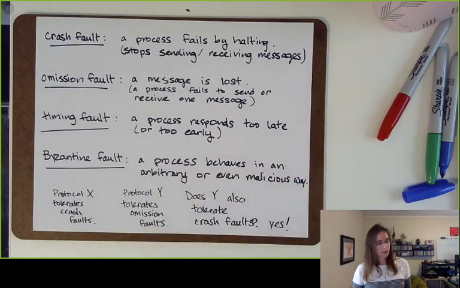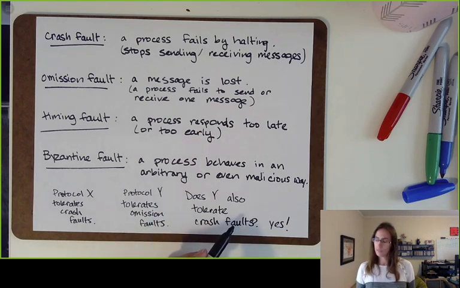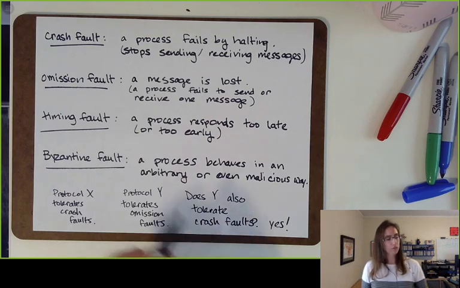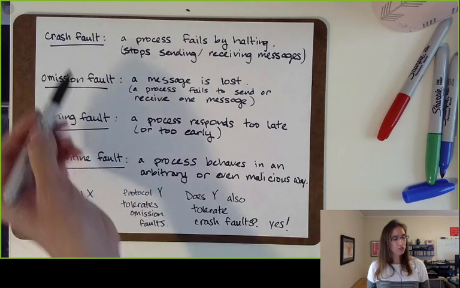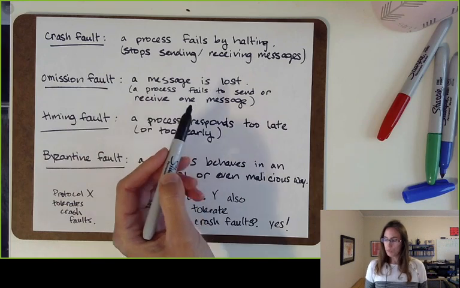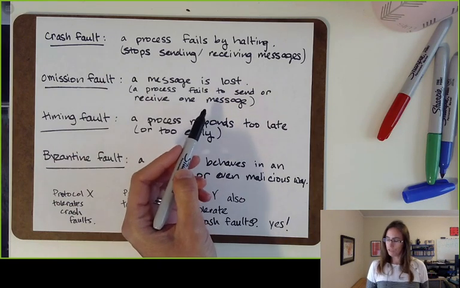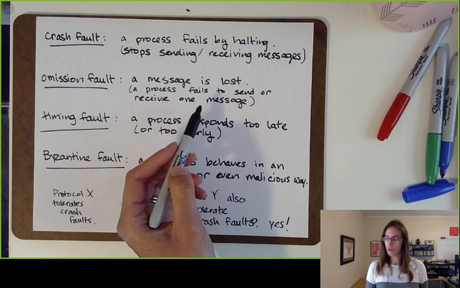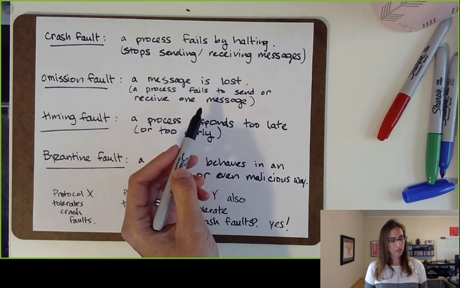Why is that the case? Why do we say that this protocol that tolerates omission faults also tolerates crash faults? Well, it turns out that crash faults are the special case of omission faults where all of the messages to and from a certain process get lost.